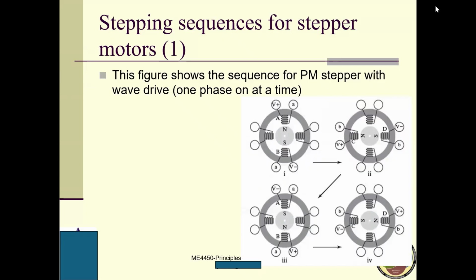Then I energize these two poles, and the electromagnetic field attracts the shaft to the desired orientation, and so on and so forth. You can see my motor looks initially here, then goes this way, then goes down, then goes this way. That means my motor is rotating counterclockwise. Understand, guys?